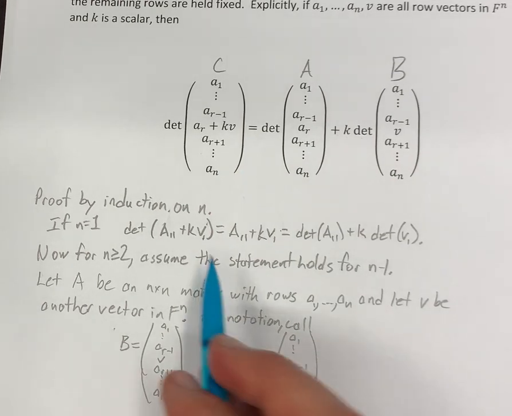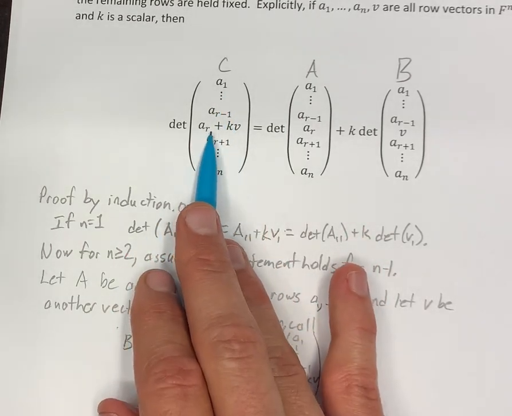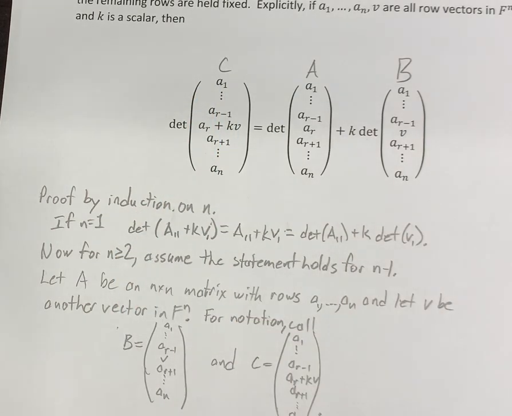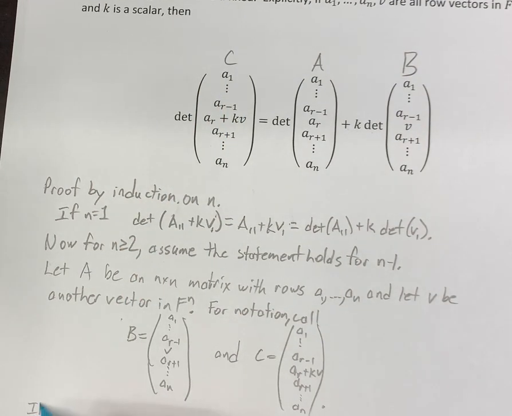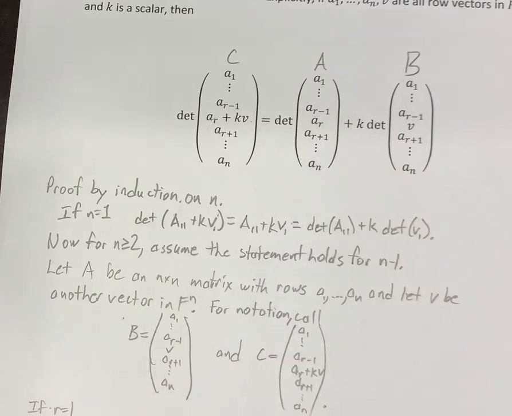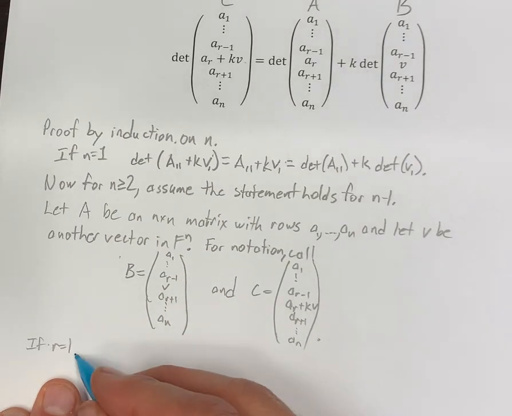Okay, so now the proof looks a little different depending on what r is, because remember, the definition of determinant is running across that top row. So if r equals 1, in other words, this top row is where you have this thing happening, then here's what happens.